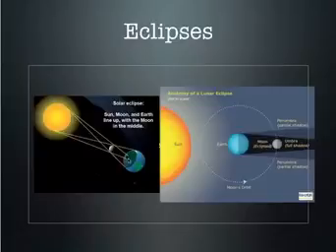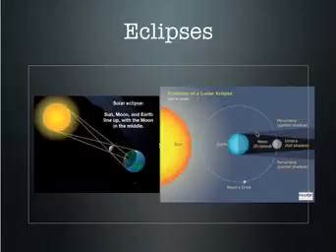These are rare compared to a lunar, because the moon is not that big, quite frankly. And even if it does happen, you have to be in a specific place on Earth to see it, because the moon doesn't cover up that much of the sun.